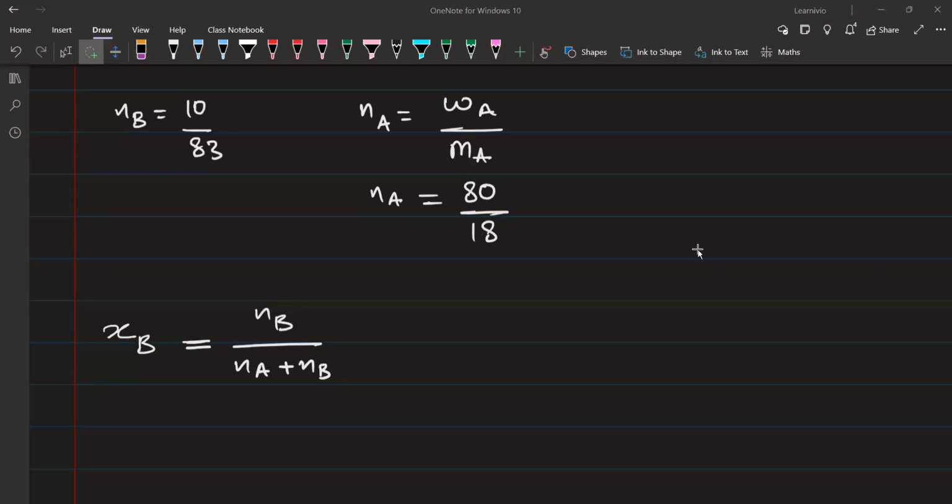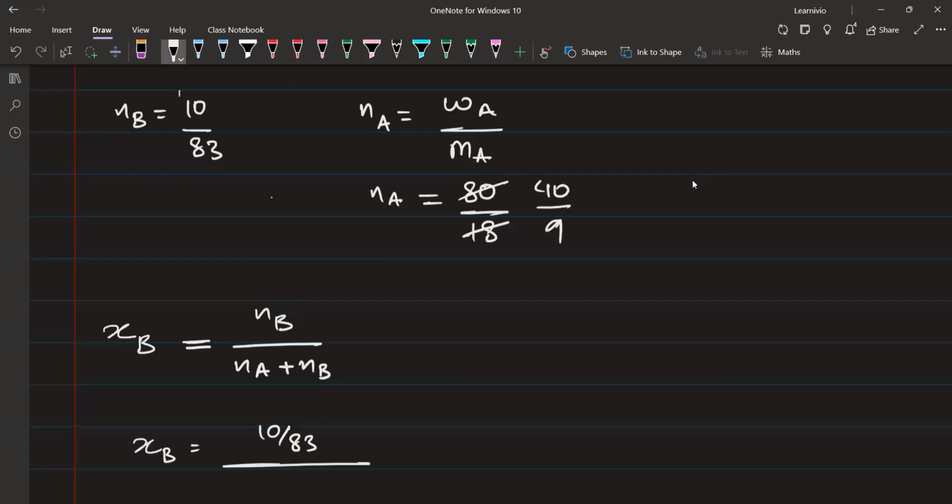Please, you have this value, right? Yes, sir. Plug in the values, then solve this. Number of moles of solute is 10 upon 83 divided by... by the way, you can simplify this a little, we can solve it. We will bring it to 40 upon 9, right?